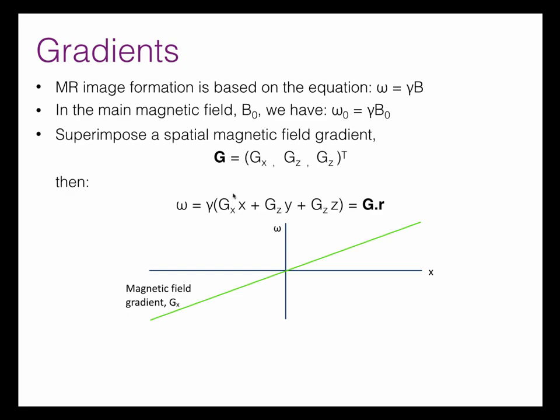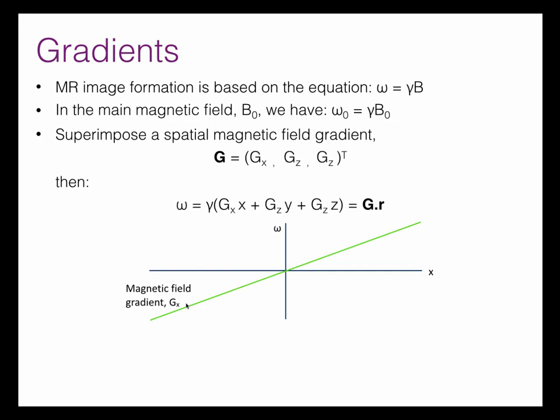If we have a simple magnetic field gradient G in the x direction, your offset frequency at the center of the magnet is 0. If you move further out in the x direction, you've got a positive offset field, and so you end up with a positive offset frequency. If you go the other way, you end up with a negative one, and equivalently for y and z.